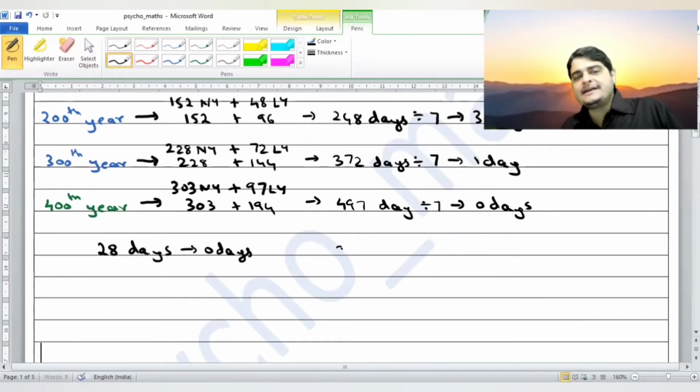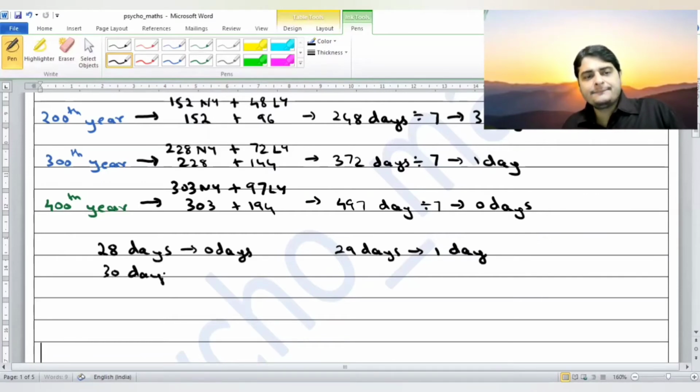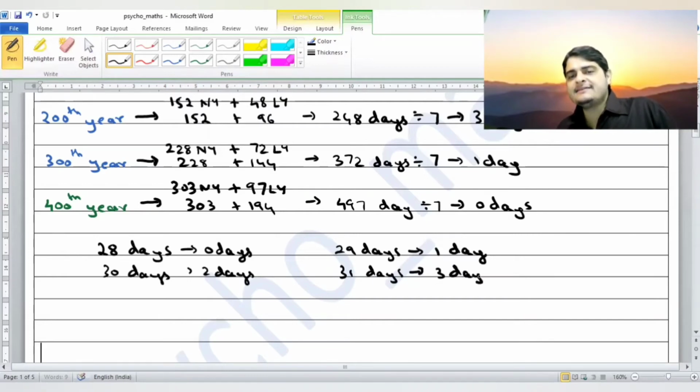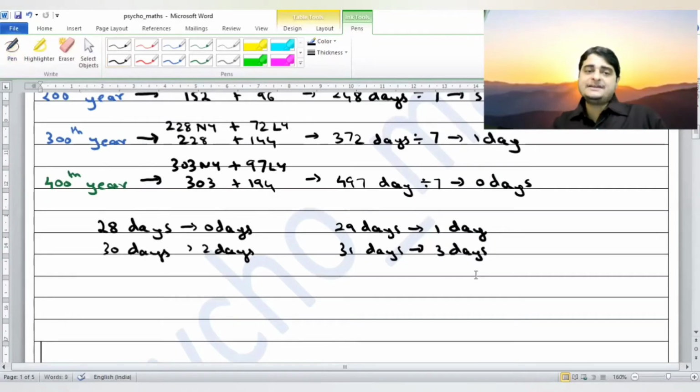A month having 29 days will have only 1 day extra. A month having 30 days will have 2 days extra, and a month having 31 days will have 3 days extra, over a complete week.